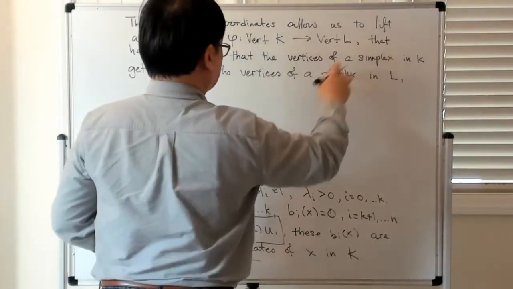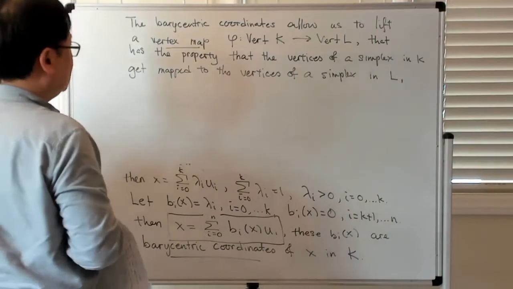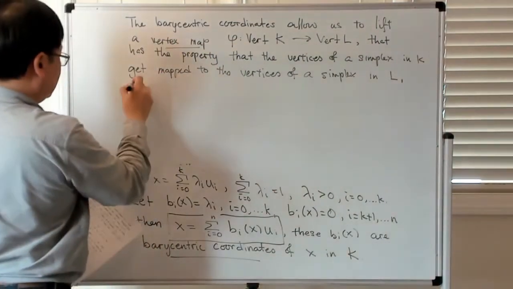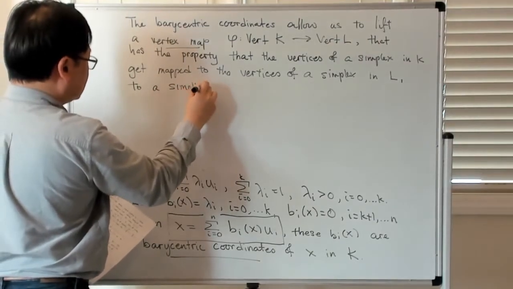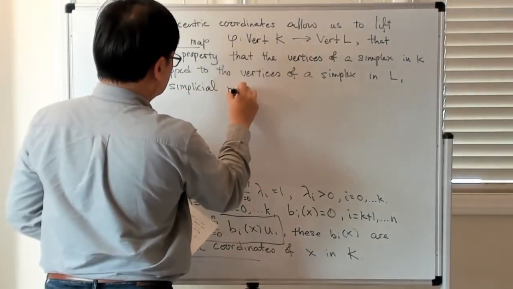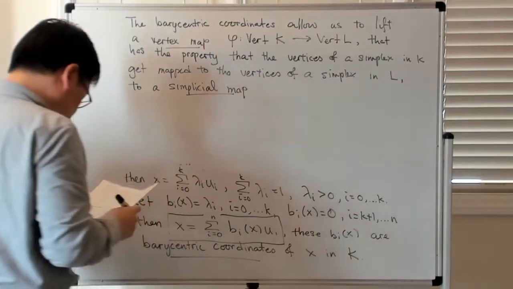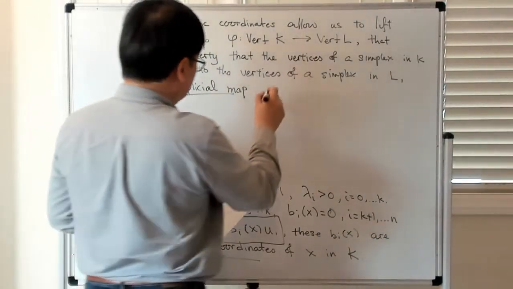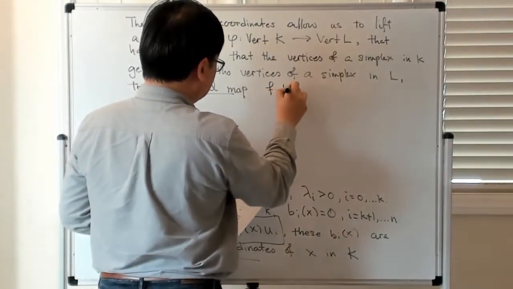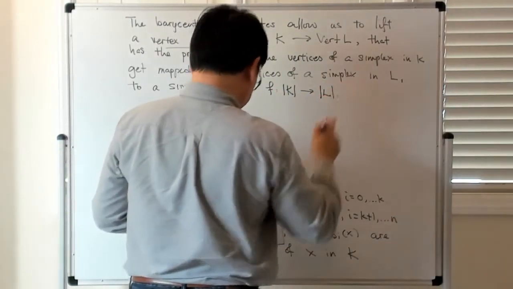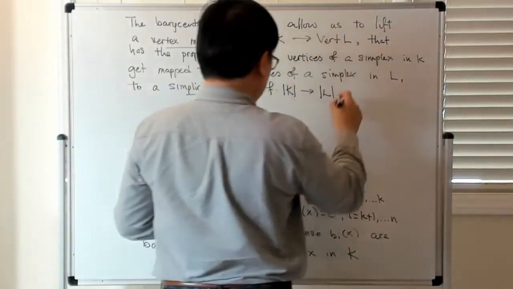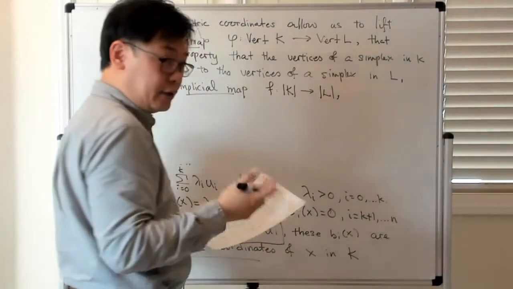Okay, so this is in some sense the definition of what a vertex map is. All right, so it lifts the vertex map to a simplicial map, let's call it F, which maps the underlying space of one complex to the other. All right, and it has the property that it's piecewise linear and it's continuous.